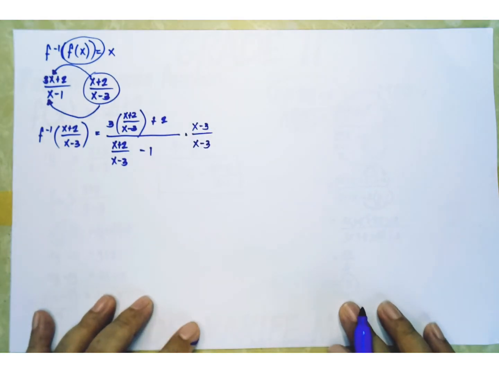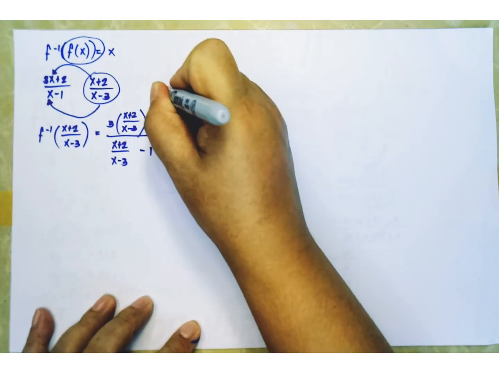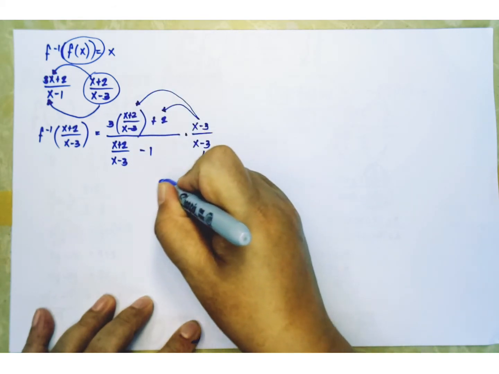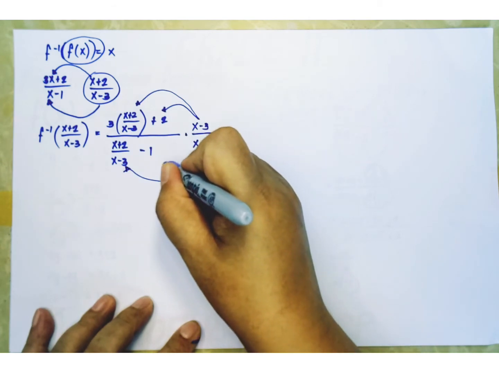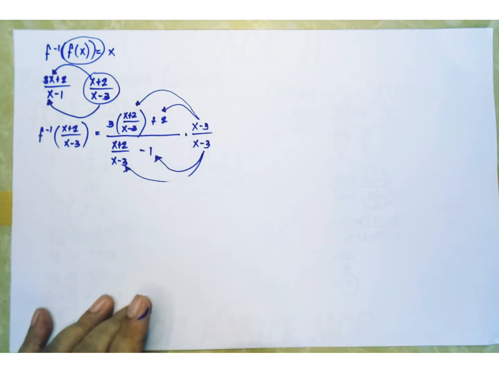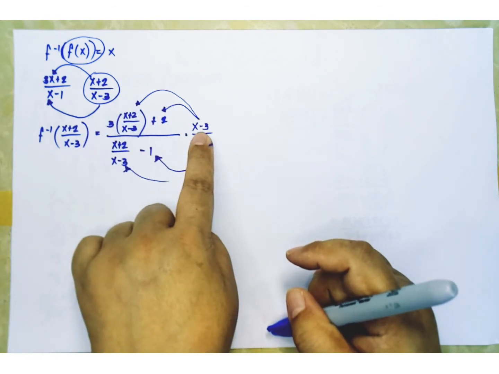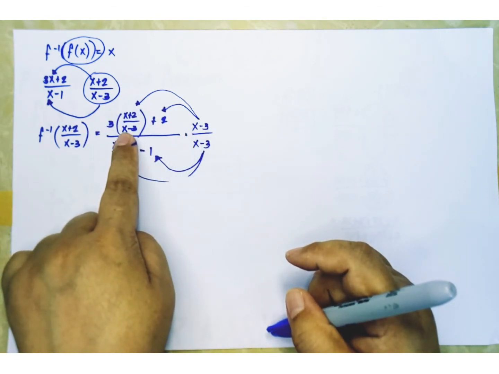Then we use distributive property of multiplication. Okay, so first term times x minus 3, this will be cancelled out.